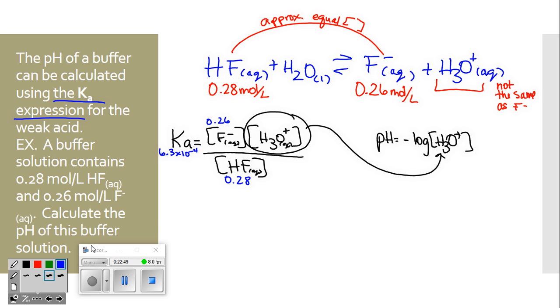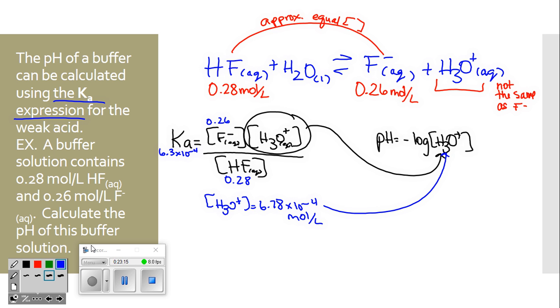If I simplify this and find the concentration of hydronium, I end up with 6.78 times 10 to the power of negative 4. My unit would be moles per liter, and remember that with K expressions, sometimes the unit isn't always apparent, but we're always dealing with concentration, and the standard is mole per liter.